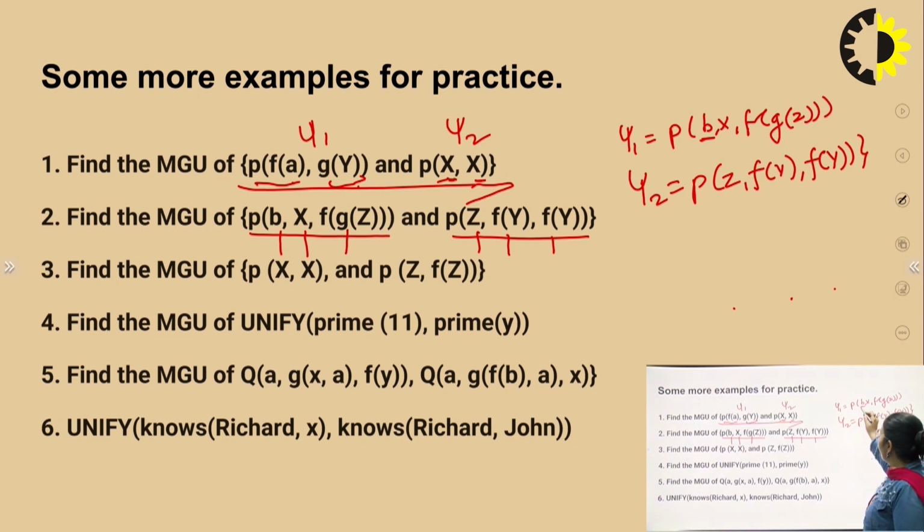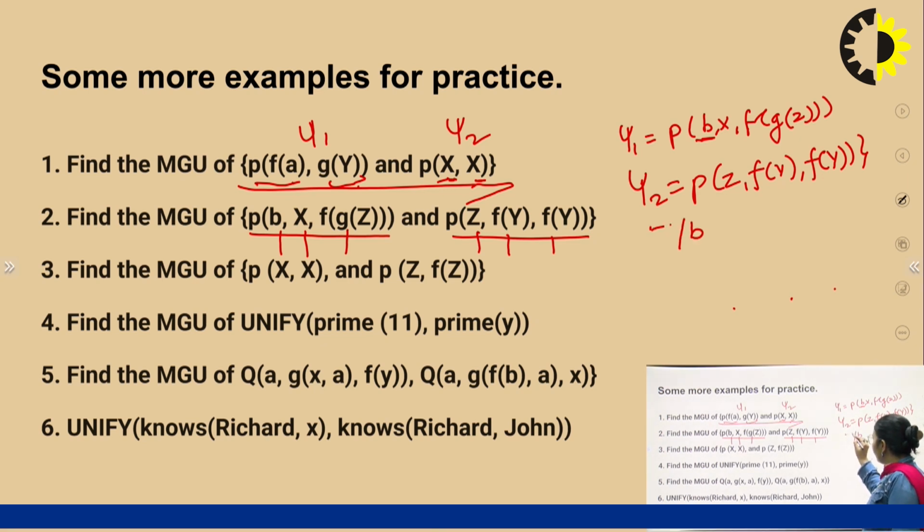Then we have to replace this B with Z. What does it mean? Wherever there is B, we replace that B with Z. So this was the first iteration. This is the substitution term.